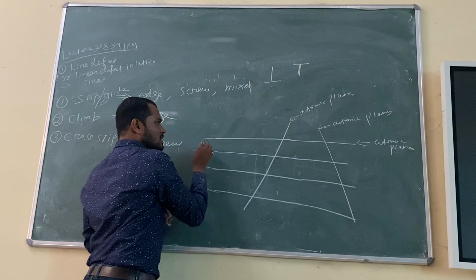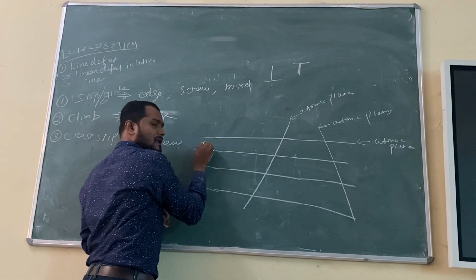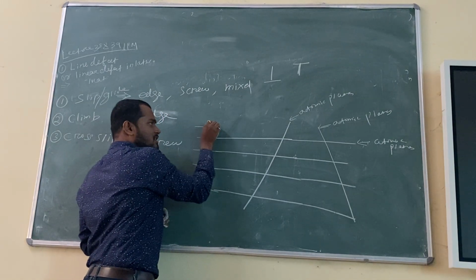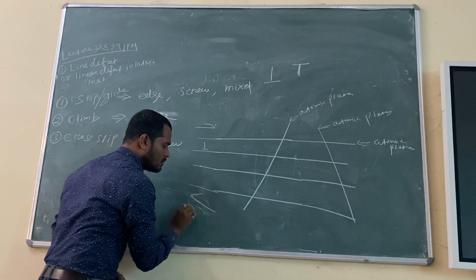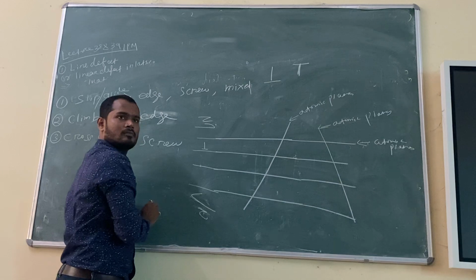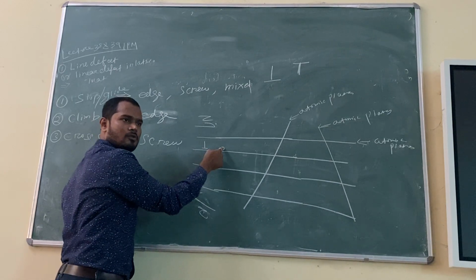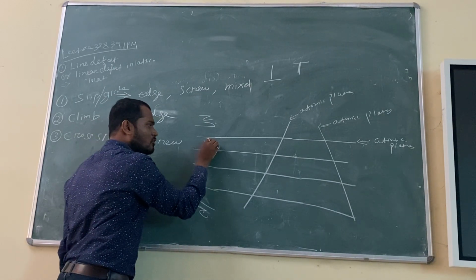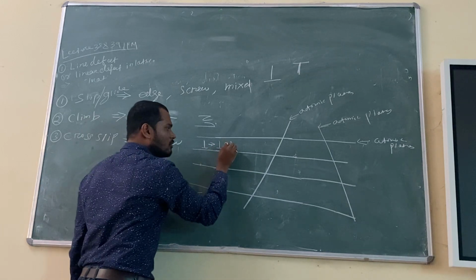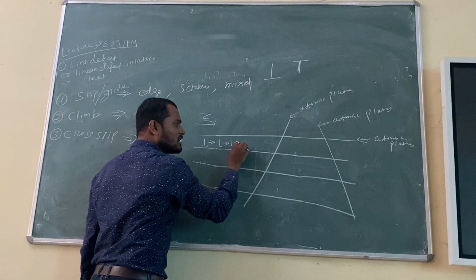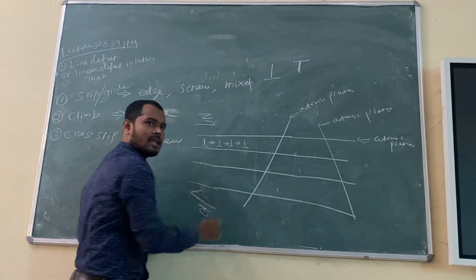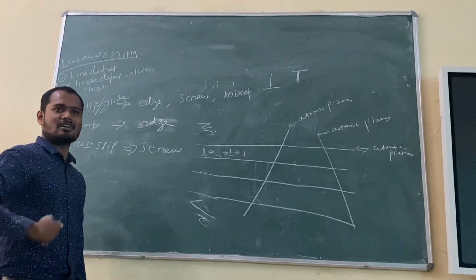Just have a look. Suppose a dislocation is present and there is a shear stress. Now, this dislocation has to move, right? So this will move like this. The same dislocation is moving. So what exactly is it doing? It is gliding, right? Suppose I am the extra half plane of atoms now.